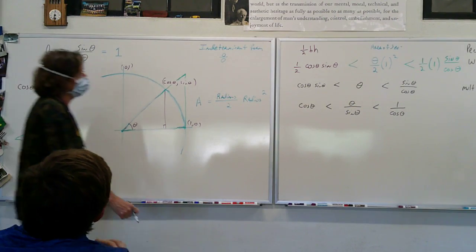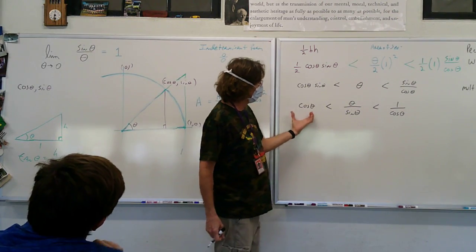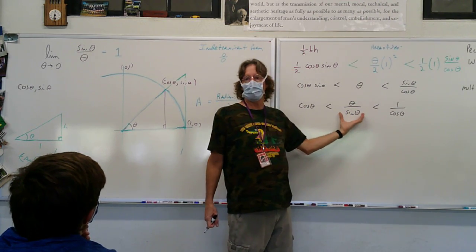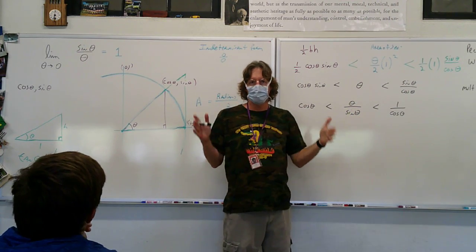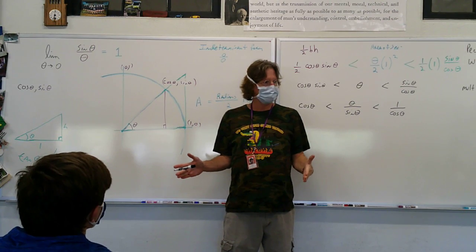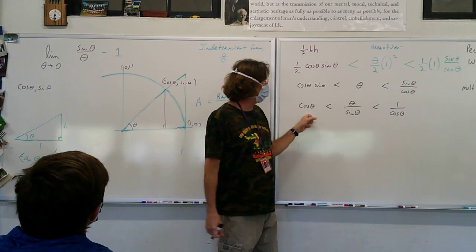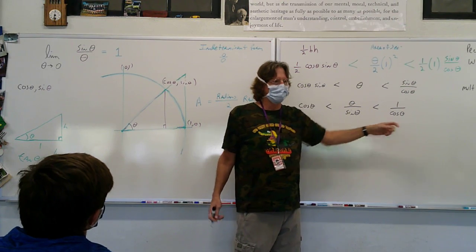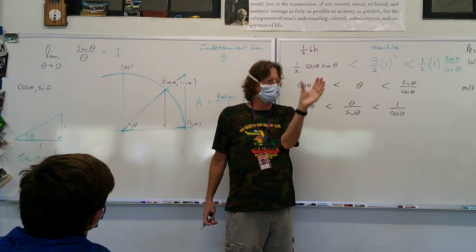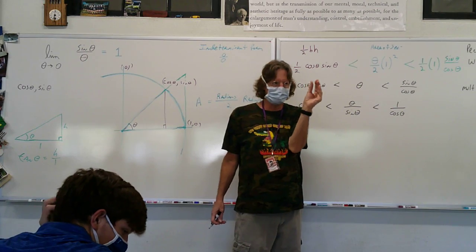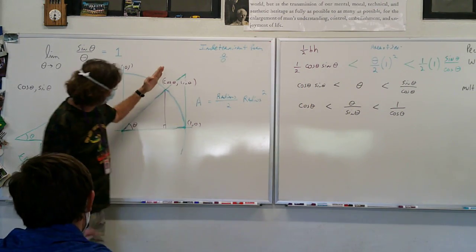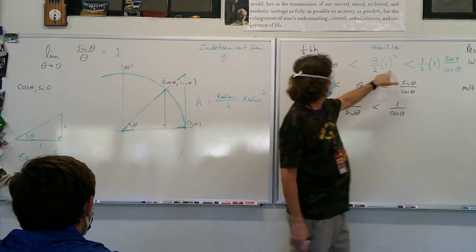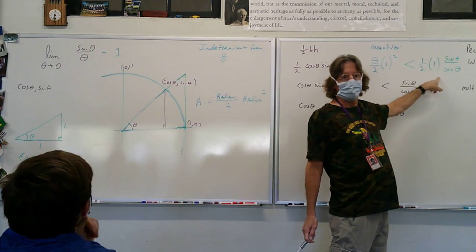And it turns out if I knew the number that this was, and I knew the number that this is, I would know this one has to be what? Between them. Now, if I told you this was a 1 and this was 100, would that help you very much? No. It's got to be between them, but they also need to be what? Really small. But notice, as theta gets smaller, these three are going to get closer and closer together, aren't they?